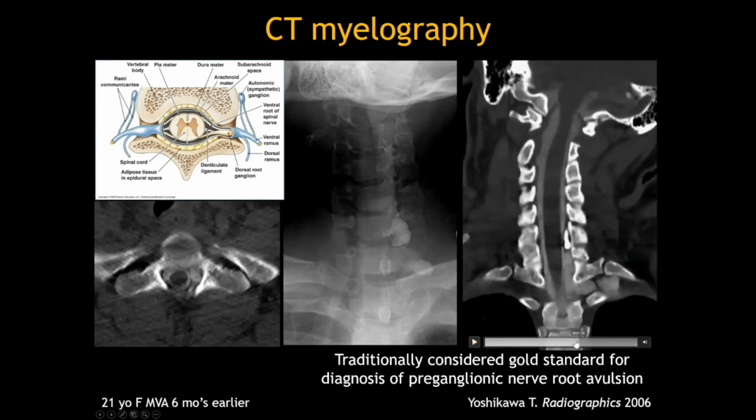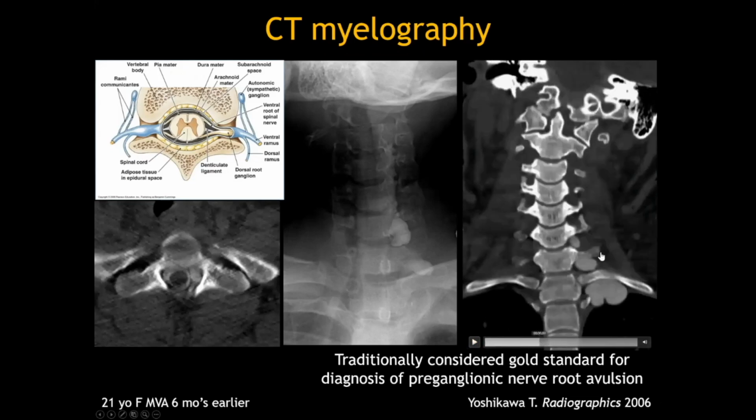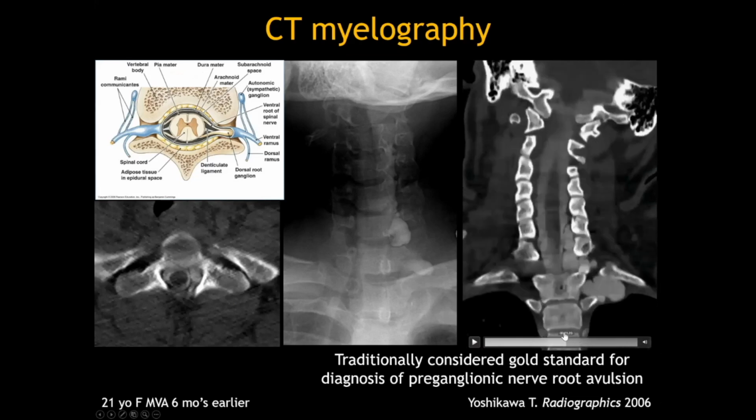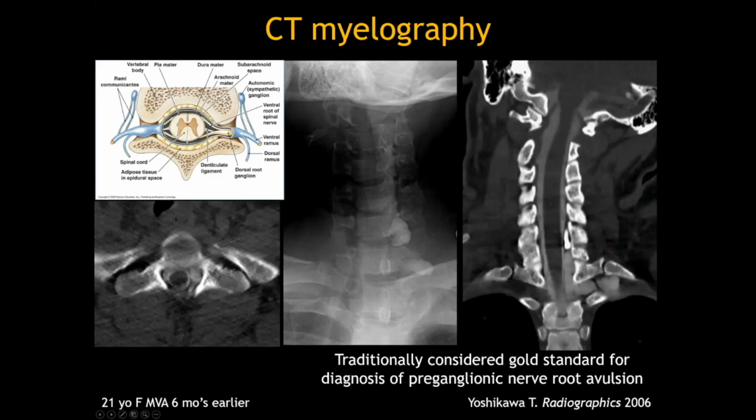So for instance, in this case, we can see that there are 3 levels involved with pseudomeningoceles, at the level of the C7, C8, and T1 nerve roots. So these are all suggesting the presence of a preganglionic injury. And if you can kind of hallucinate, you can almost see the nerve rootlets on the contralateral side being intact compared to the other side where they are disrupted.